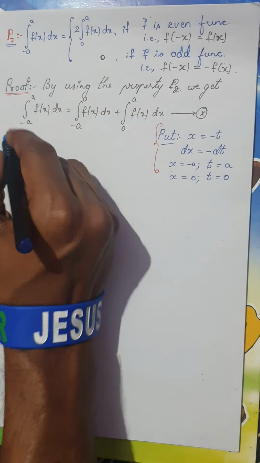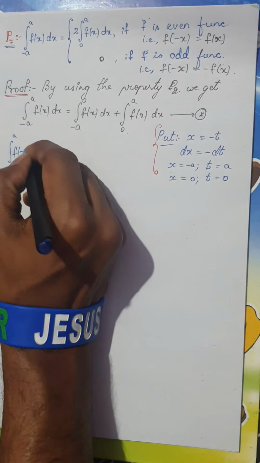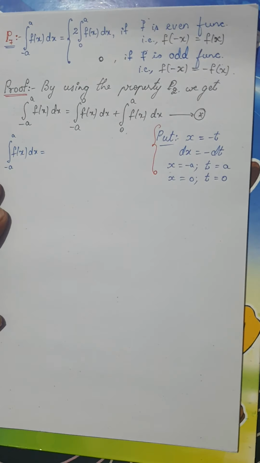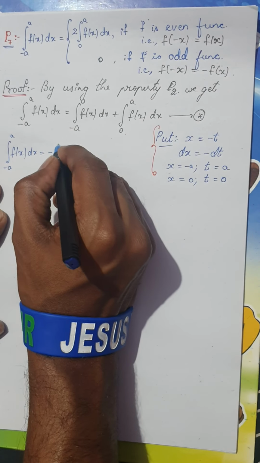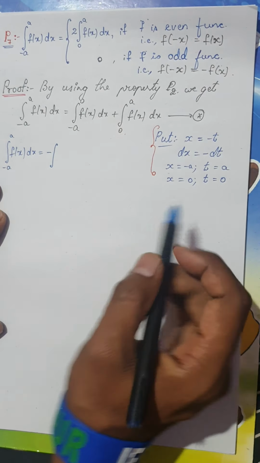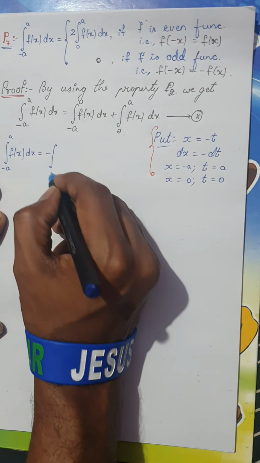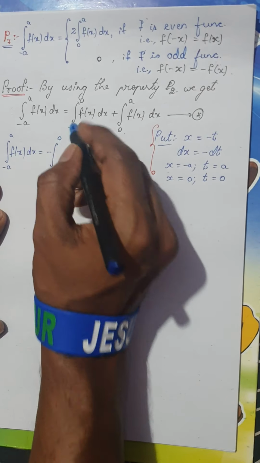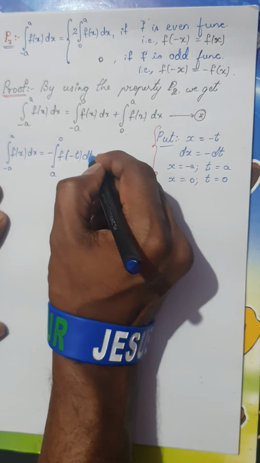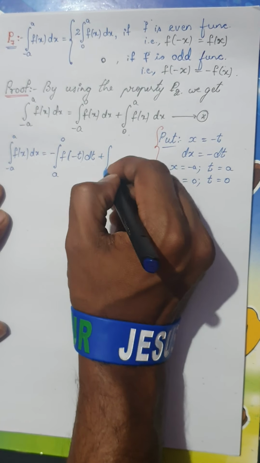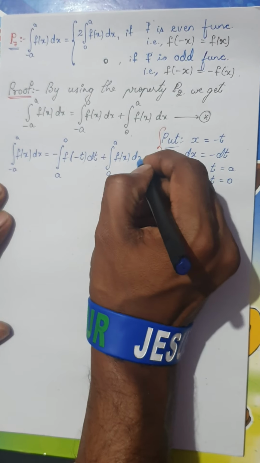Now see what happens to the integral. Therefore the integral from minus a to a of f of x dx, which is the left hand side, will turn into the following. My dx is minus dt, so I shift the minus sign outside, and the limit from minus a to 0 changes to a to 0, and this will be f of minus t dt, plus there is already the other integral from 0 to a of f of x dx.